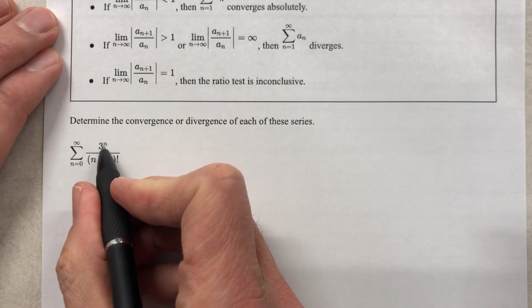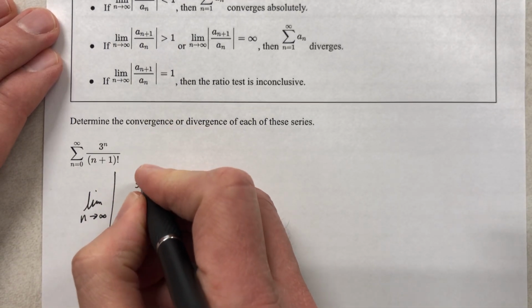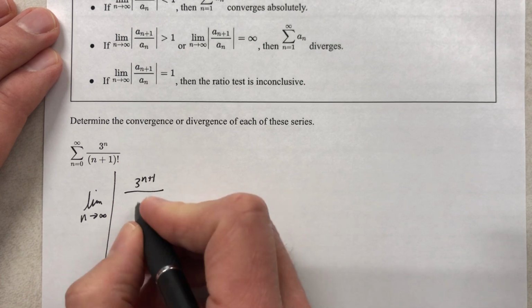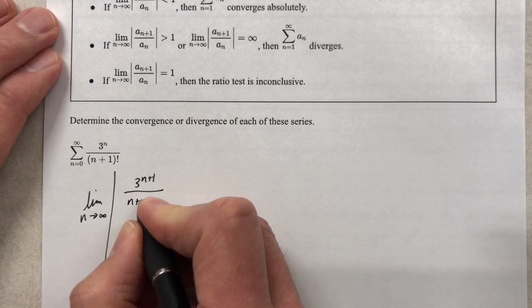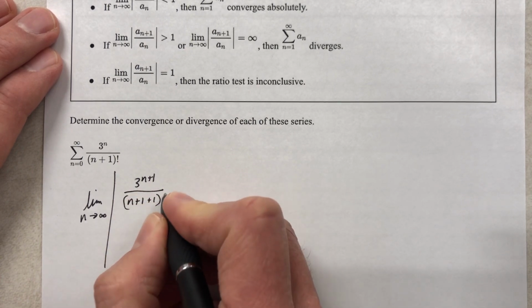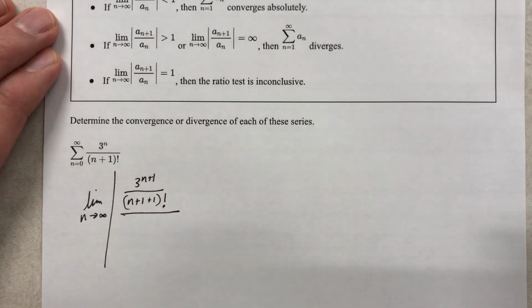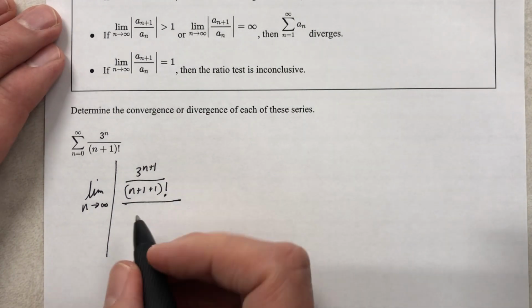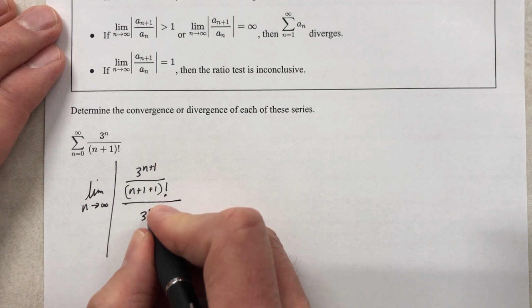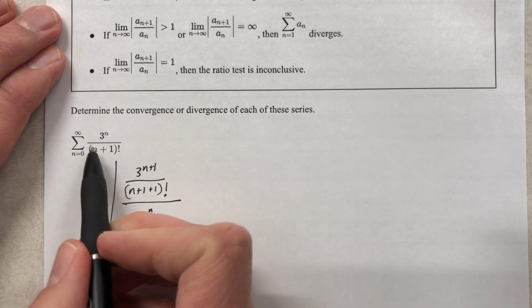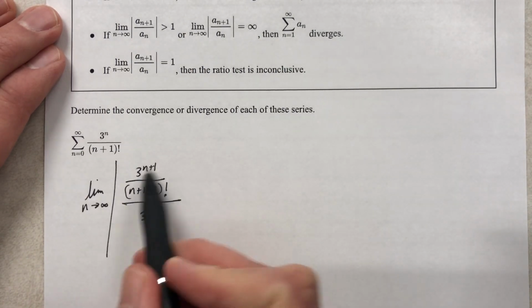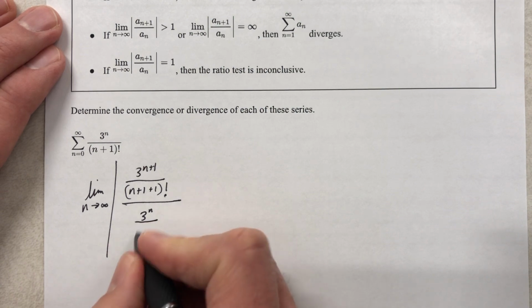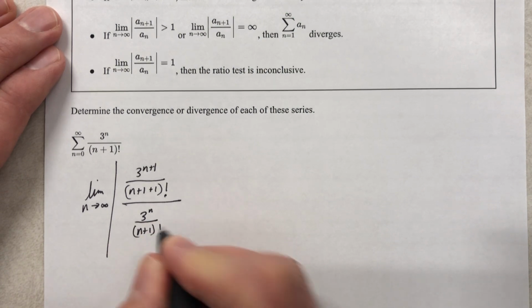The next term after n is n plus 1, so 3 to the n plus 1 over n plus 1 plus 1, which is n plus 2. That is going to go over this. This is the nth term. This is the n plus 1th term. And we're going to have that right there.